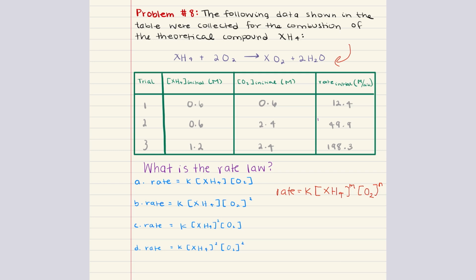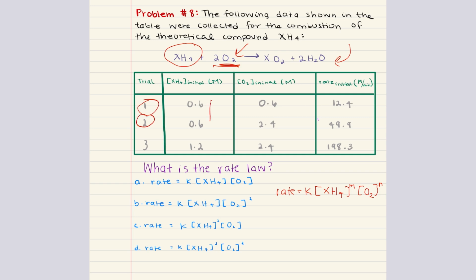So in order to do that, we're going to look at our table. We're going to decide which order we are trying to figure out first. Let's say that we want to determine the order with respect to oxygen first. What two trials should we compare where the concentration of this other reactant remains the same and we're only changing the concentration of O2? That would be trials 1 and 2.